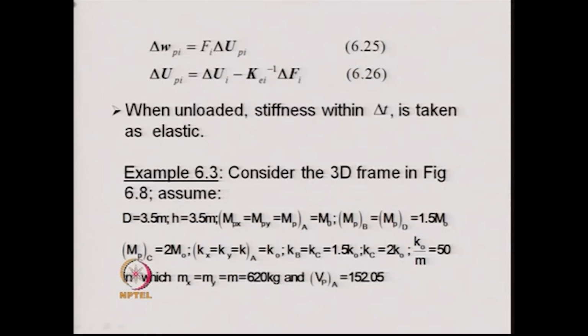The plastic work increment is given by this equation, that is, Fi, the force in the element, multiplied by the incremental plastic displacement, and the incremental plastic displacement is obtained like this: it is equal to the total incremental displacement minus the elastic part of the displacement, that is, KEI, simply the elastic stiffness matrix of the element, into delta Fi.